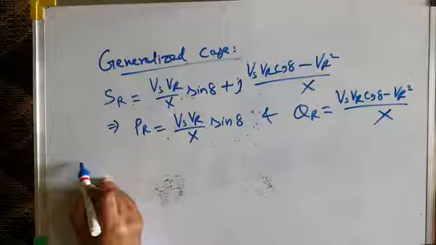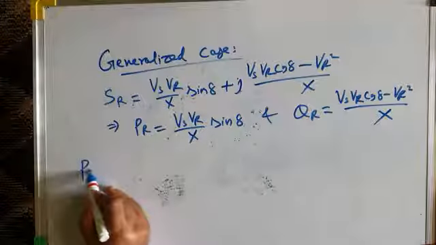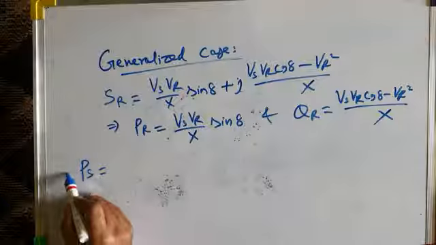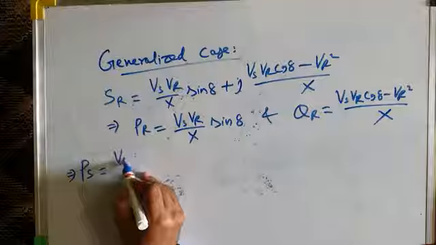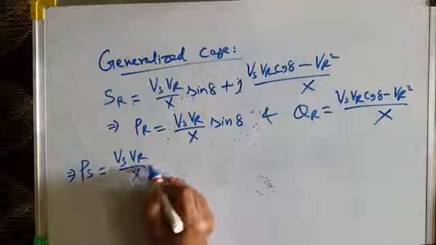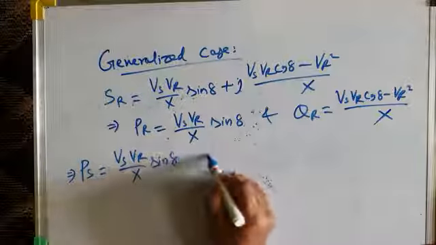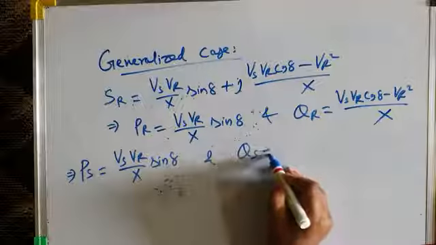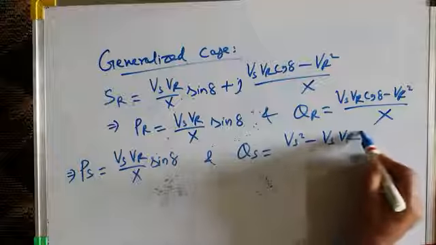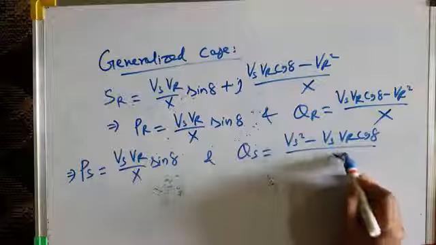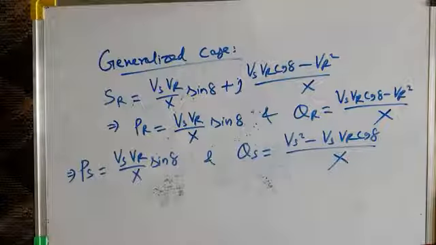Okay, similarly we also know that active power at the sending end will be the same, Vs Vr by X sine delta, and reactive power at the sending end will be given by (Vs square minus Vs Vr cos delta) by X. We have already derived these equations in the beginning of this class.